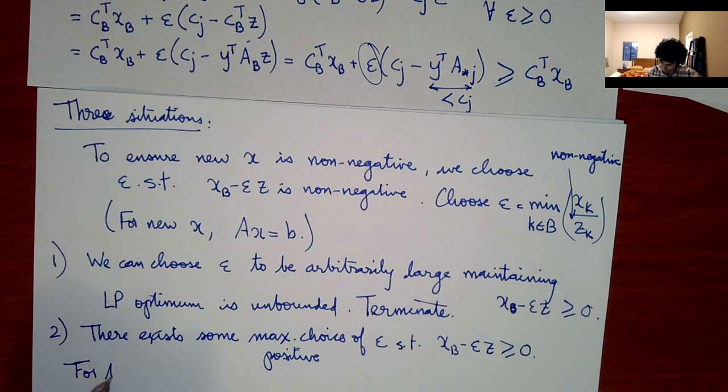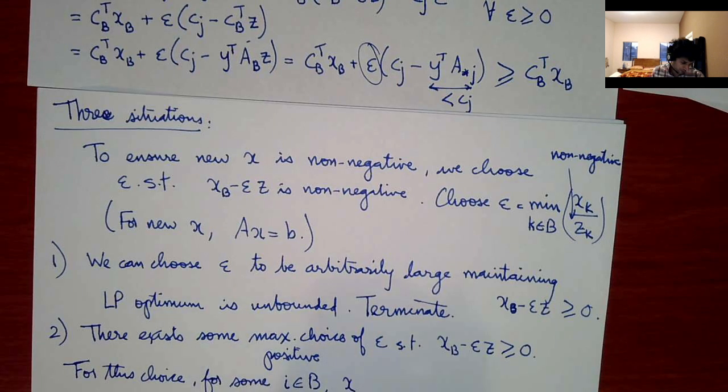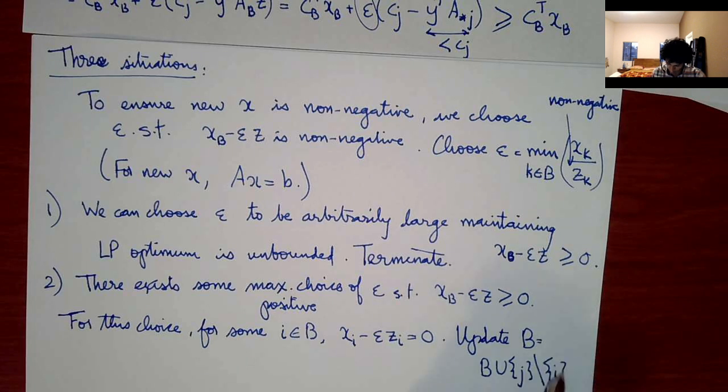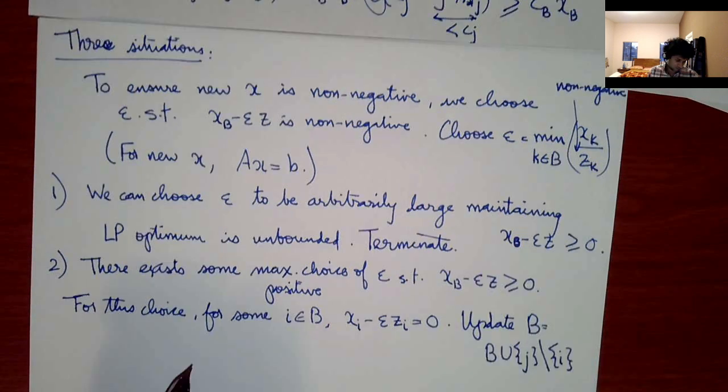For this choice, for some i in B, you'll get that xi minus epsilon zi is going to be equal to 0, because if not, then you could increase epsilon even more. So what this means is then you can update B to be B union j, removing i. So this is the pivot, and the objective decreases.